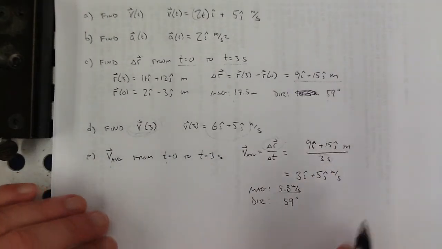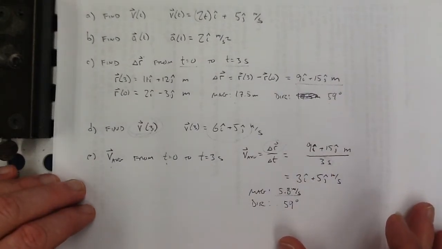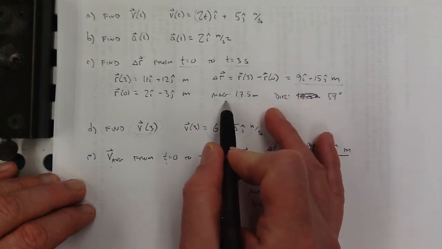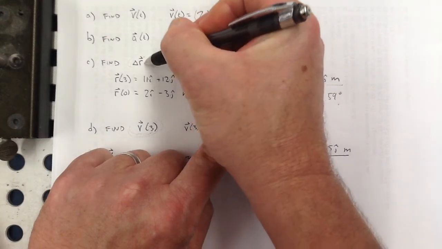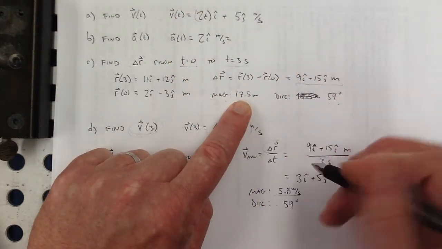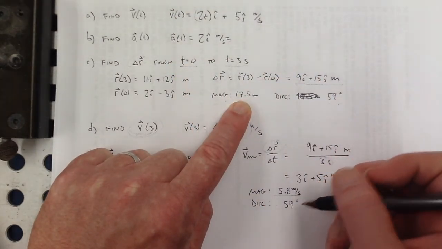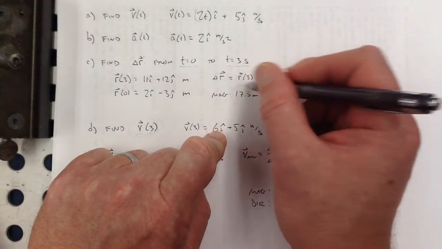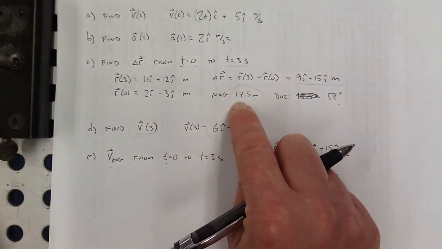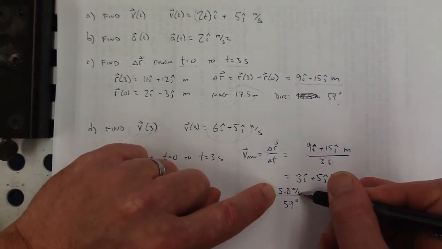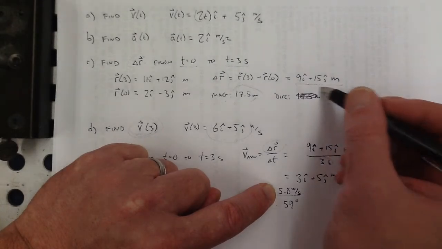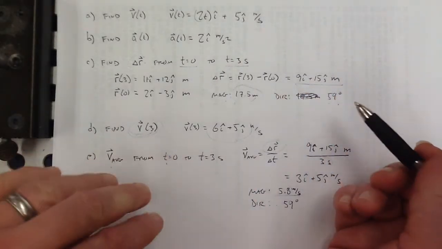And I want to point out that you could also, since we knew the magnitude and the direction of the displacement, have got these answers by doing the same thing. Do you know what you get if you take the magnitude of the displacement, 17.5, and divide it by 3? You get 5.8 meters per second. You know what happens to the direction? Well, the direction doesn't change.